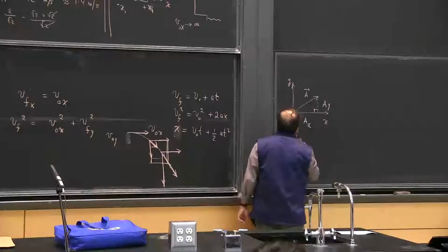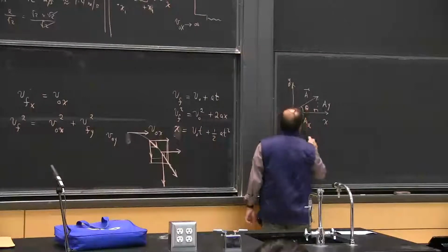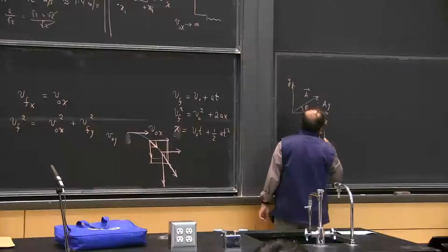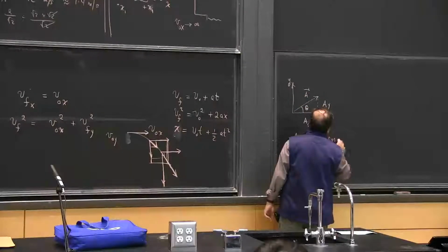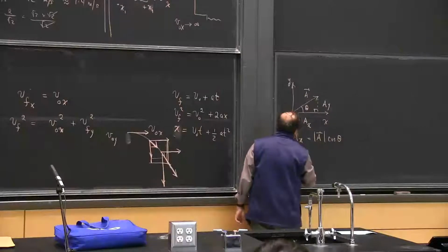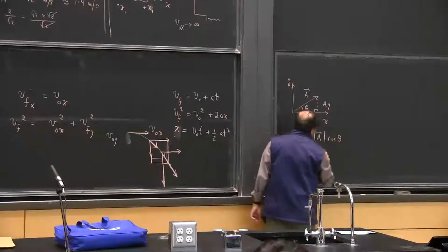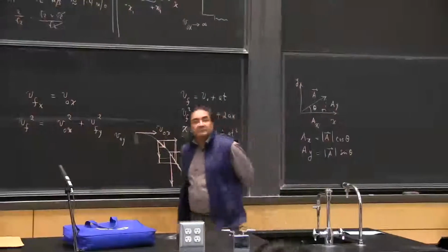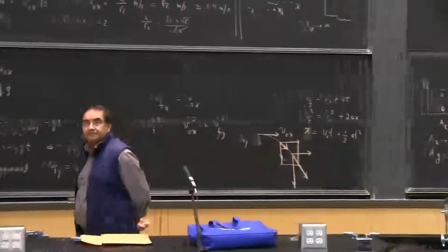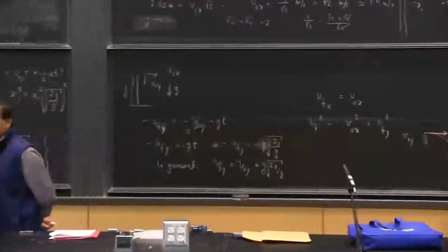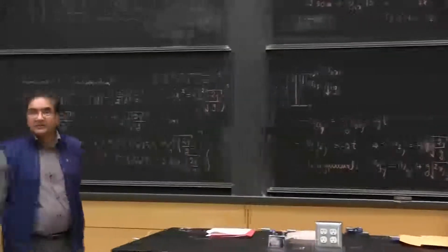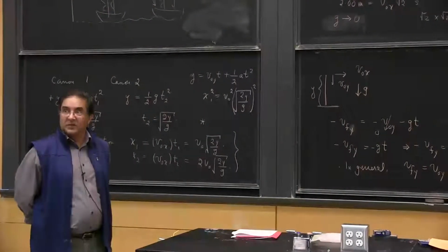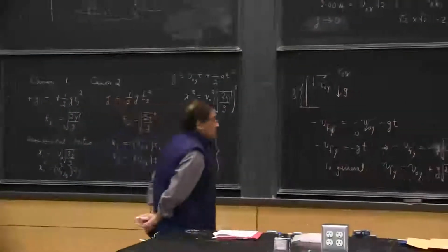I argued that Ax, if this is theta, is the magnitude of A times cosine of theta, and Ay is A sine of theta. Do you remember this thing that we did? This is how we resolve vectors. Resolution of vectors is critical at this point to your survival in the class. So you should be very familiar with resolution of vectors.